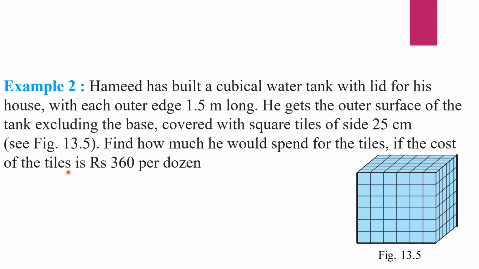See the figure 13.5. Observe this figure, my children. This is a water tank. What is the shape of this water tank? Yes, cubical water tank. So this question is based on a cube. Find how much he would spend for the tiles if the cost of the tiles is 360 rupees per dozen. Understood this question, my children?